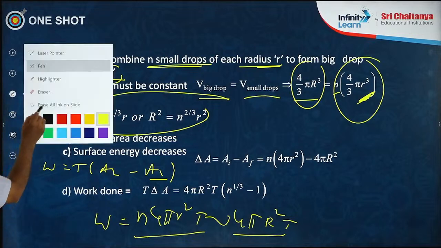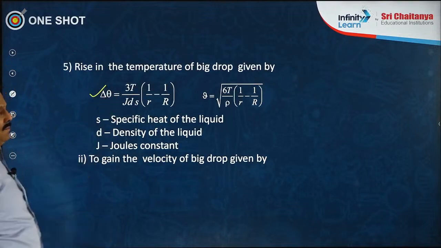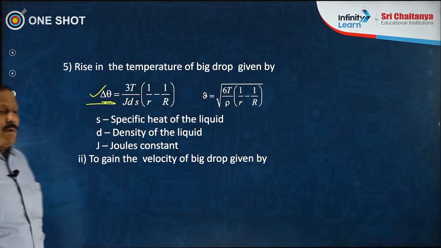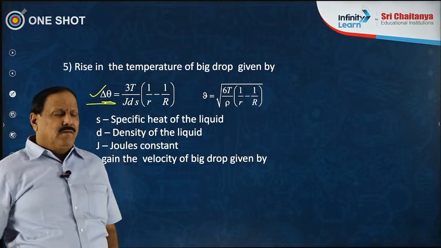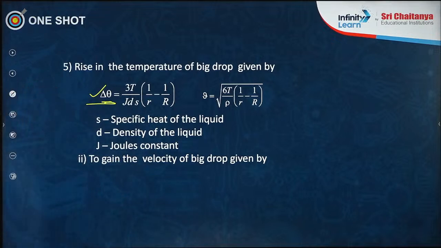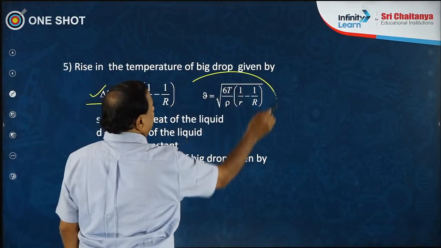In this case, so many formulae are there, and we have to remember those formulae. For example, if n droplets are combining into a single drop, what is the change in the temperature? Listen to this point: the energy of combining or splitting. For example, a big drop is split into n droplets. If the energy of splitting is used to project the drop with a certain velocity v, then the velocity formula is this.